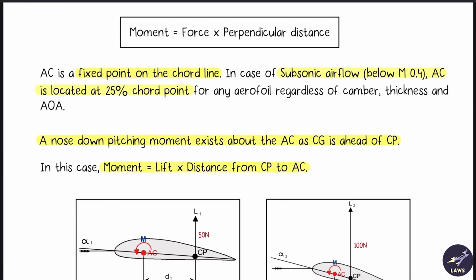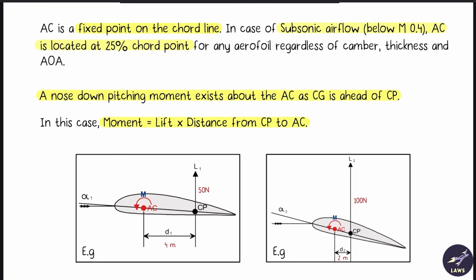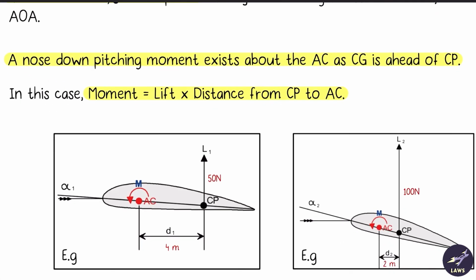A nose down pitching moment exists about the AC as CG is ahead of CP. This is the center of pressure, and generally the CG, which is not shown here, is ahead of CP. CG is the point from where weight acts.